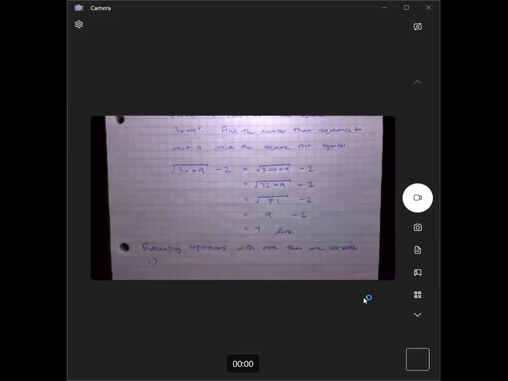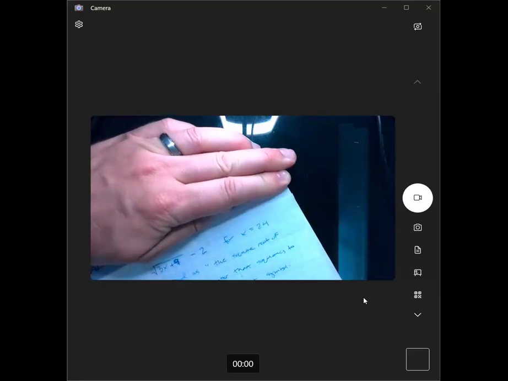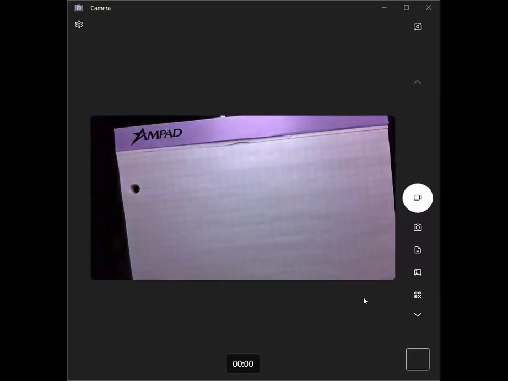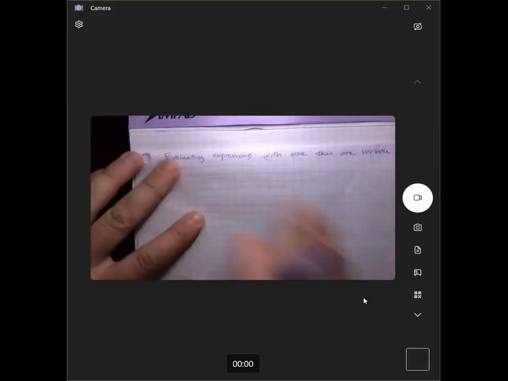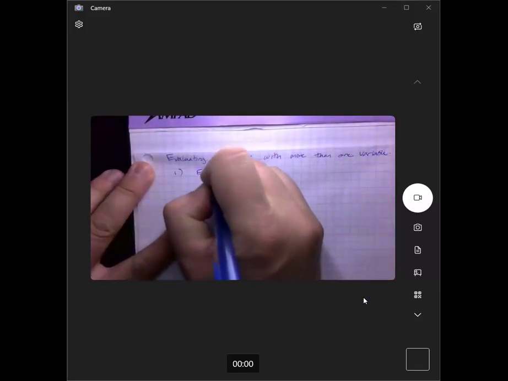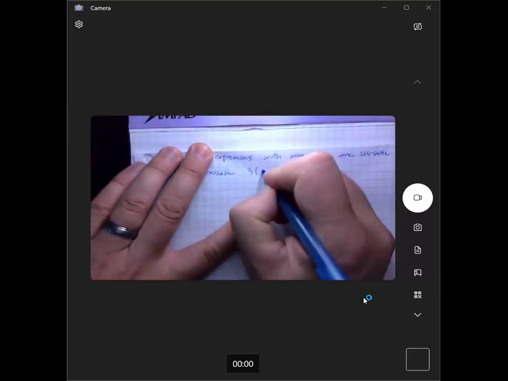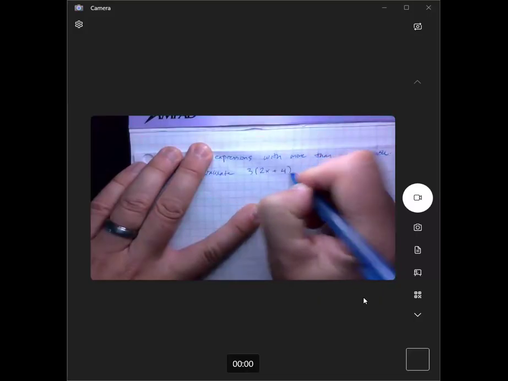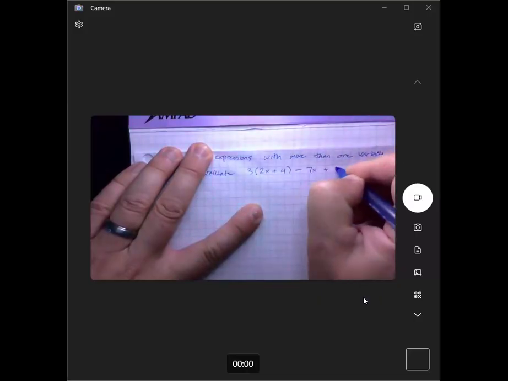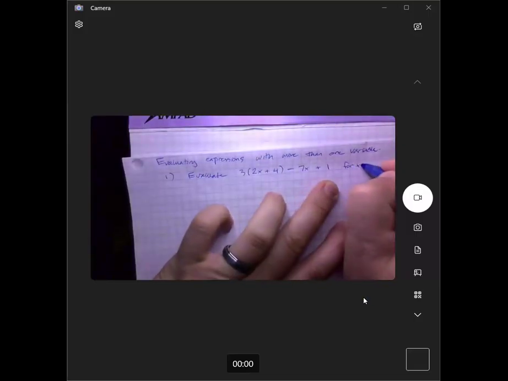As an example, let's evaluate, let's see, 3 times (2x plus 4) minus (7x plus 1), for x equals 5.